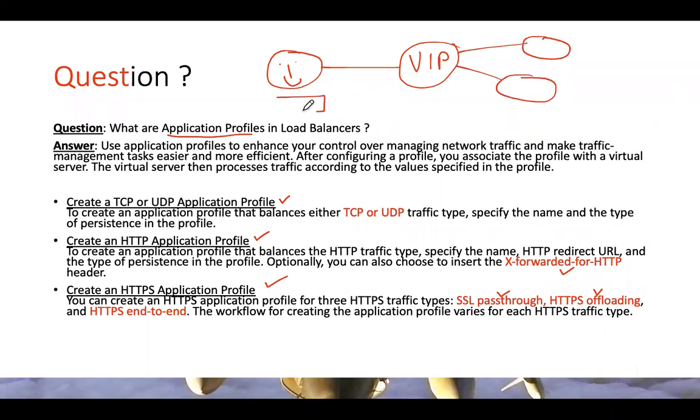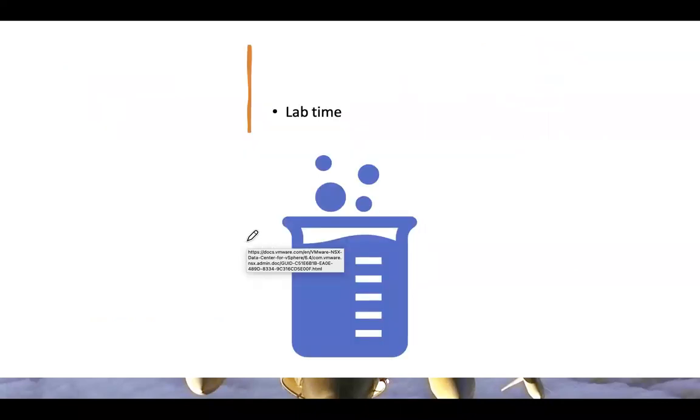The source IP can be preserved in the HTTP field for various purposes like logging. That preserving of the source IP of the users can be done using X-Forwarded-For, and we can do that using one of the application profiles. Well, that's it. And I believe now we can crack on, and I can give you a quick demonstration of how we can configure load balancers within our environment.